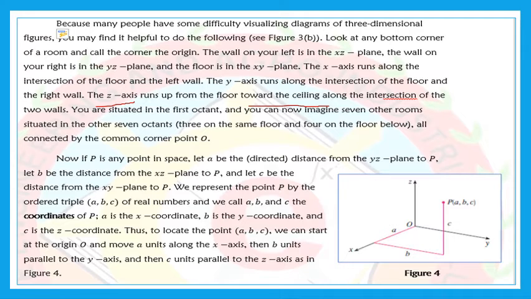Now, if P is any point in space, let A be the directed distance from the YZ plane, okay, sa figure 4 natin, from the YZ plane to P, this is our point P, and let B be the distance from the XZ plane, galing siya dito sa XZ plane papunta dito sa point P na yan, and let C be the distance from the XY plane, okay, sa floor, to the point P. So we represent the point P by the ordered triple A, B, C of real numbers.